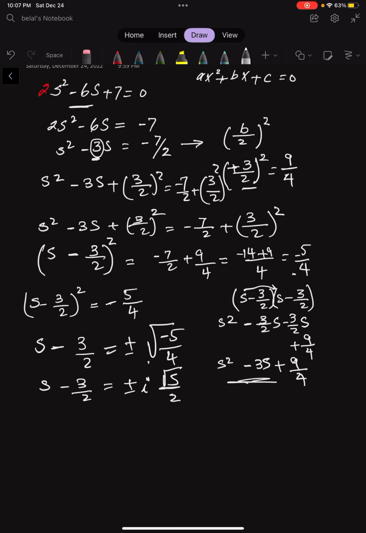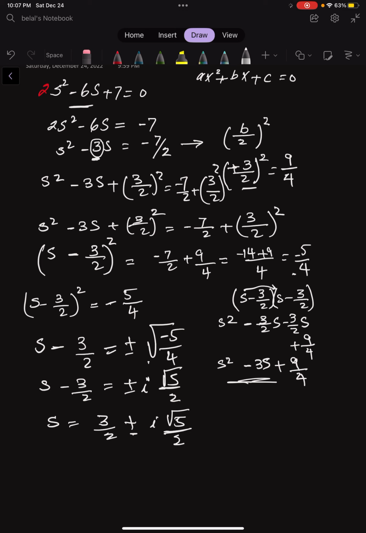Okay, so now we want to know what the s value is. s will be equal to, we add 3 over 2 to both sides, 3 over 2 plus or minus i square root of 5 over 2.